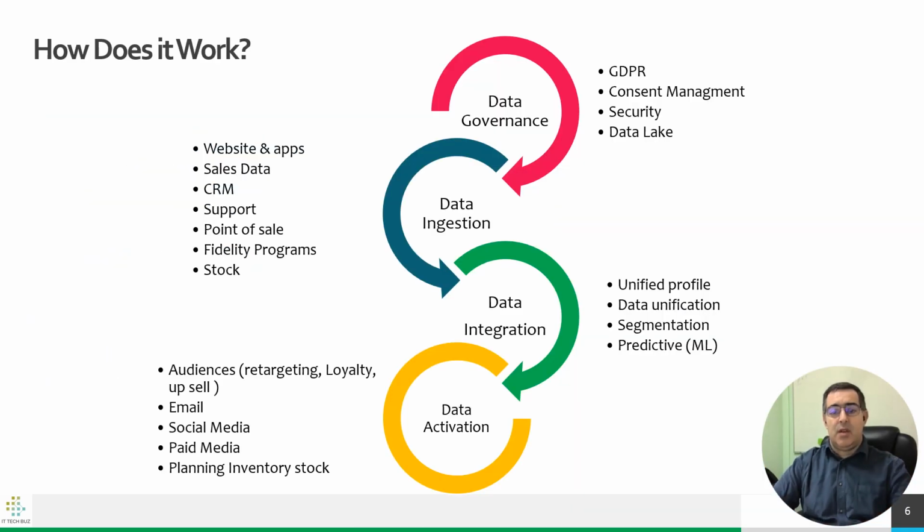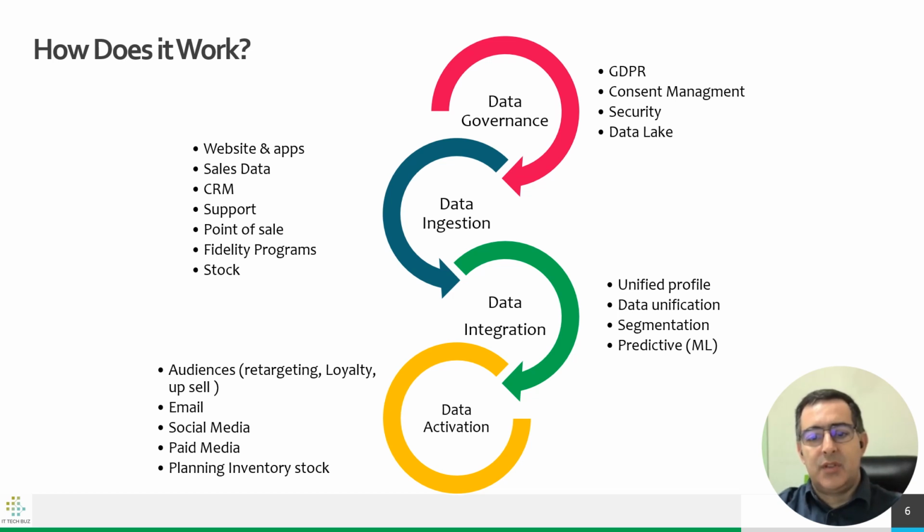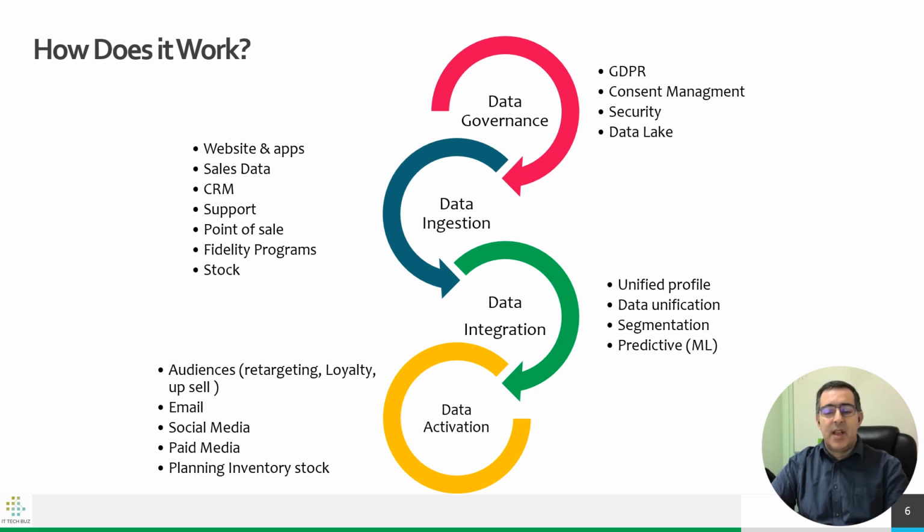But this is a huge thing. How does this work? So many points. There are four pillars that you can see here. First, data governance, for the sake of integrity, security, and data management, as well as GDPR.